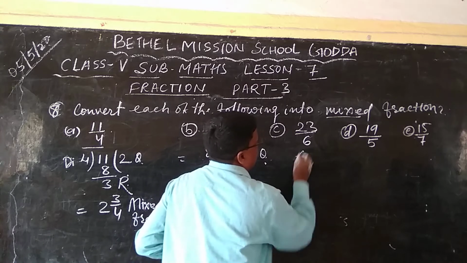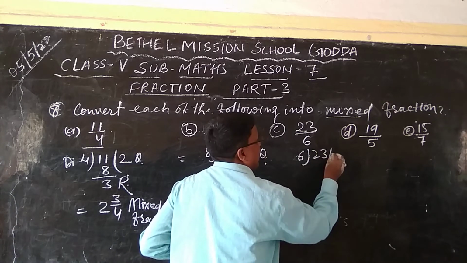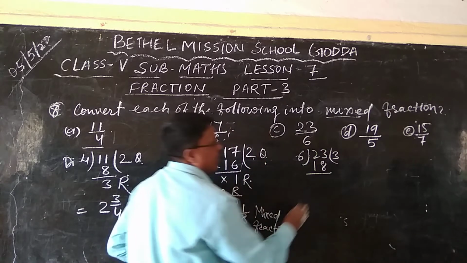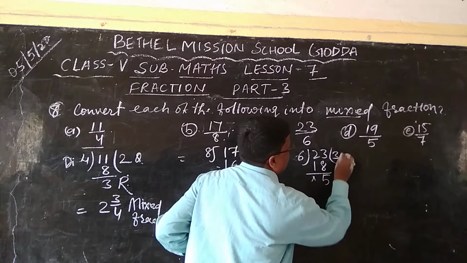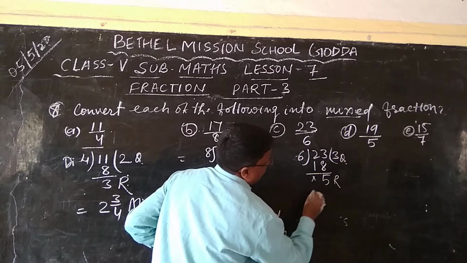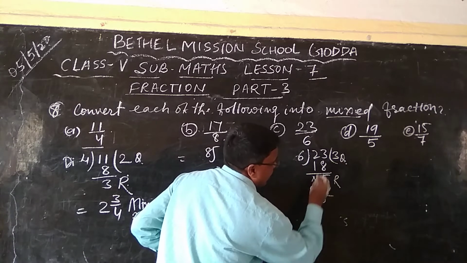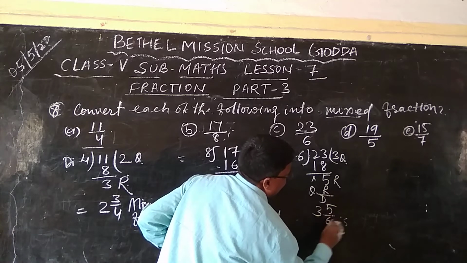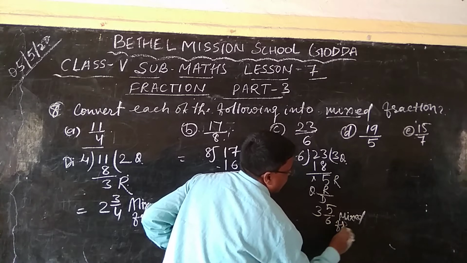Same, 23 divided by 6. 6 3s are 18. 23 minus 18 is 5. 5 is the remainder. This is Q. So Q whole R by D. 3 whole 5 by 6 is a mixed fraction.